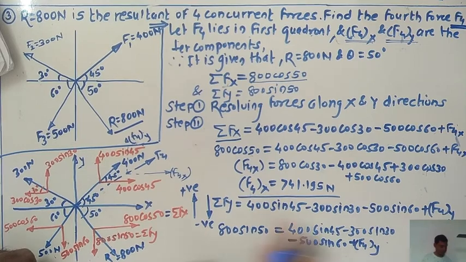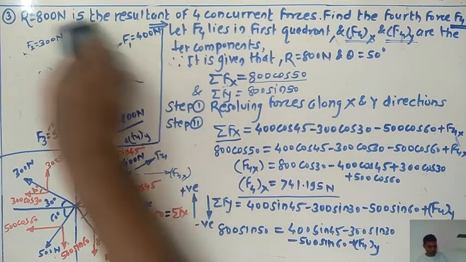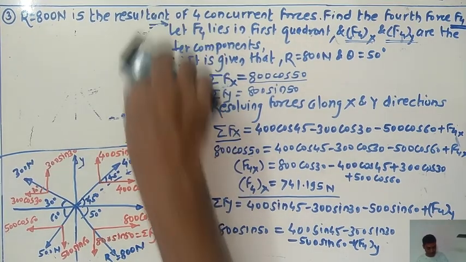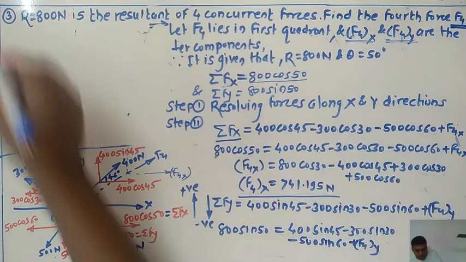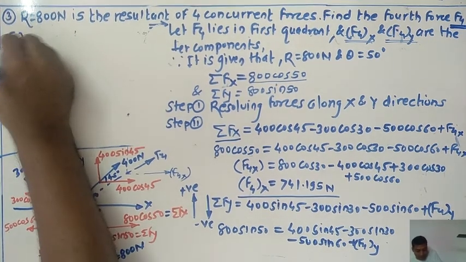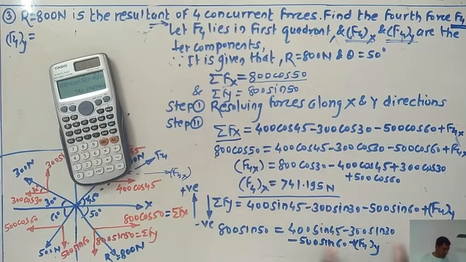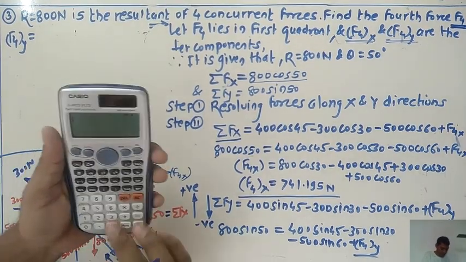Now to solve this relation and get the value for F4y, I'll erase this portion so that I can write the next steps. To get the value for F4y, it is very important to take all the terms to the other side.